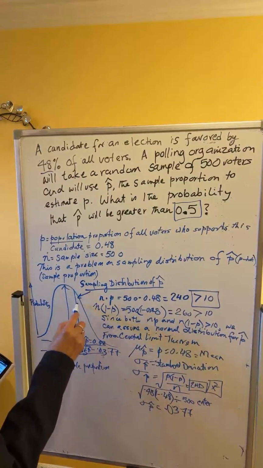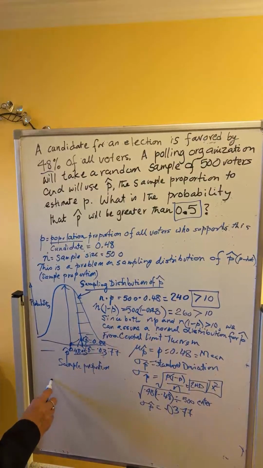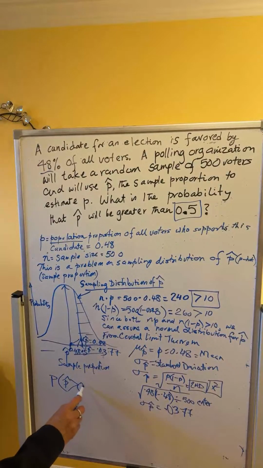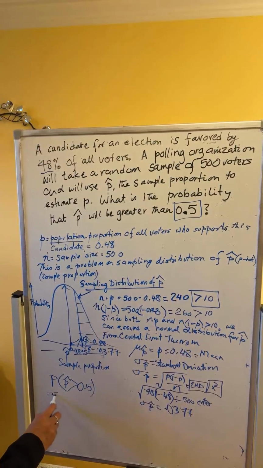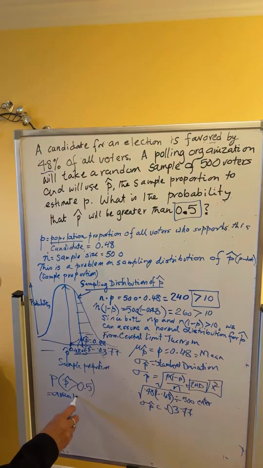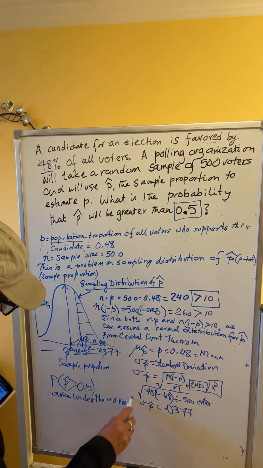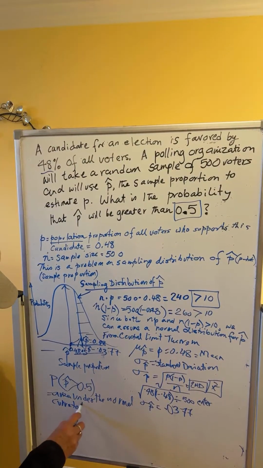So we want to find the probability that p hat will be greater than 0.5. That means the area under the normal curve to the right of 0.5.